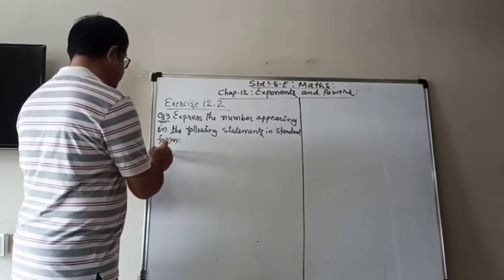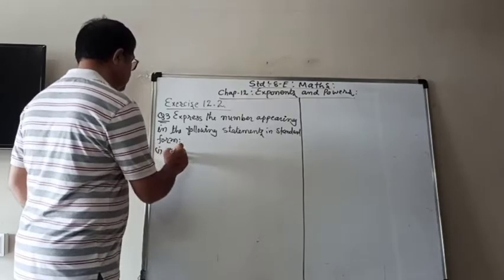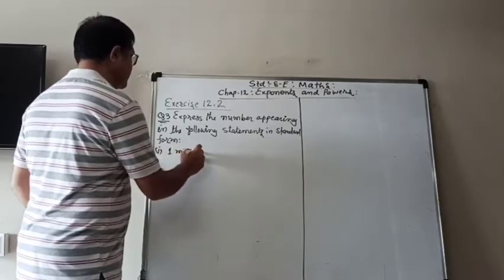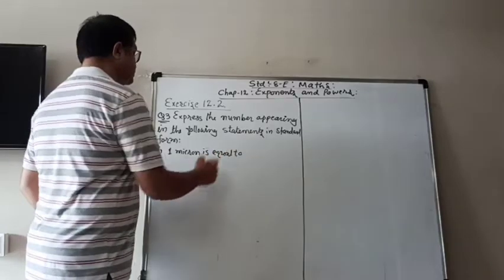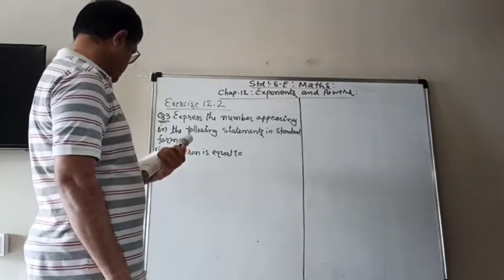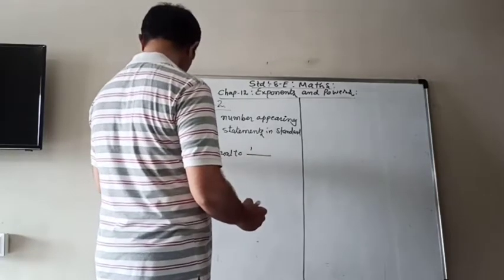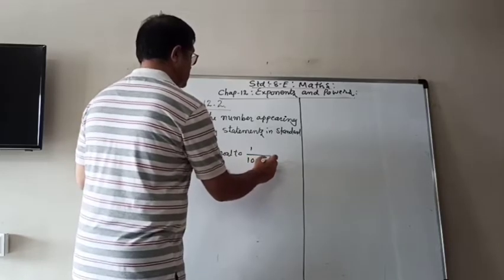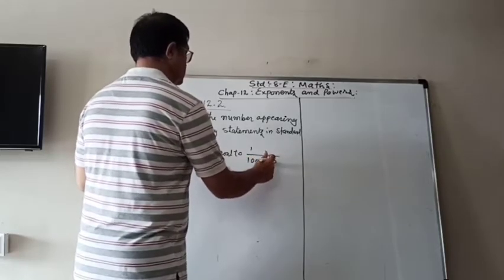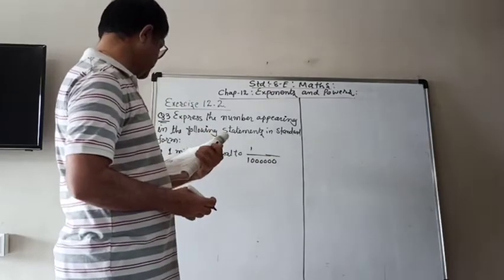First statement is 1 micron. 1 micron is equal to 1 upon 10 lakh, 1 upon 10 lakh meter.